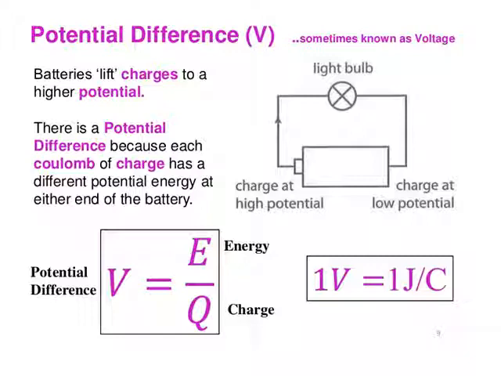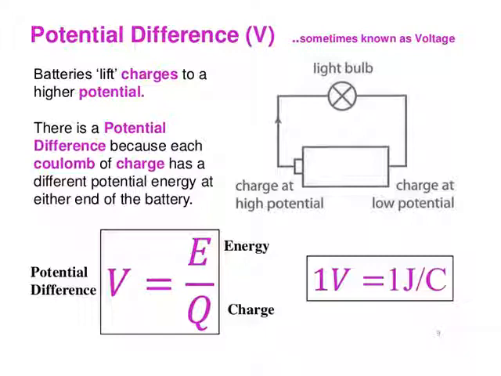As the bulb goes on glowing, it consumes potential from the higher end till the lower end, and when the bulb glows off, it means both the potentials are equal and therefore there is no net charge in it. So batteries lift charge to a higher potential.